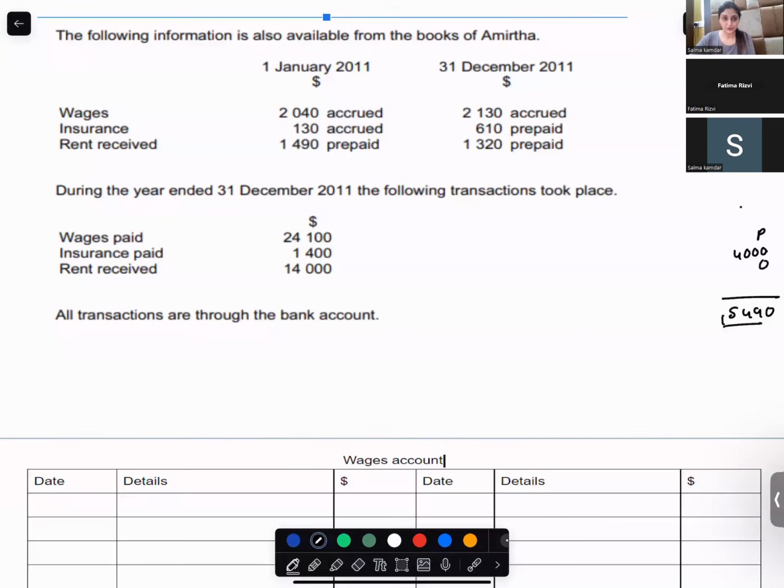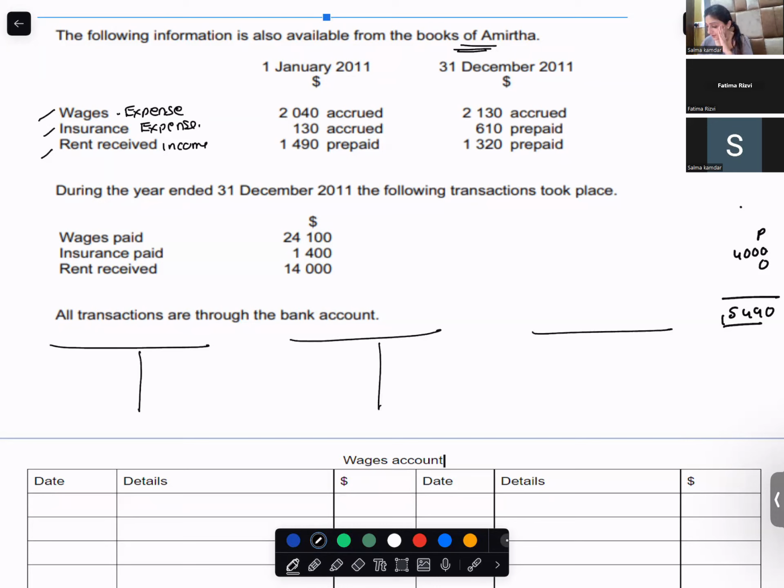First, tell me which account is wages? Expense. Insurance? Expense. And rent received? Income. Very good. So I will make the accounts 1, 2, and 3: wages, insurance, and rent received.